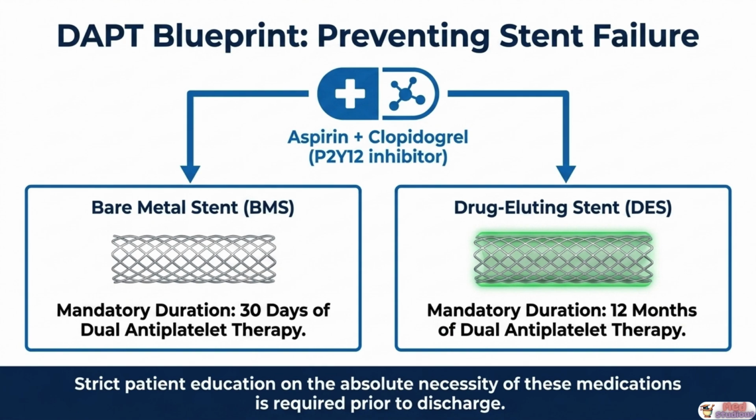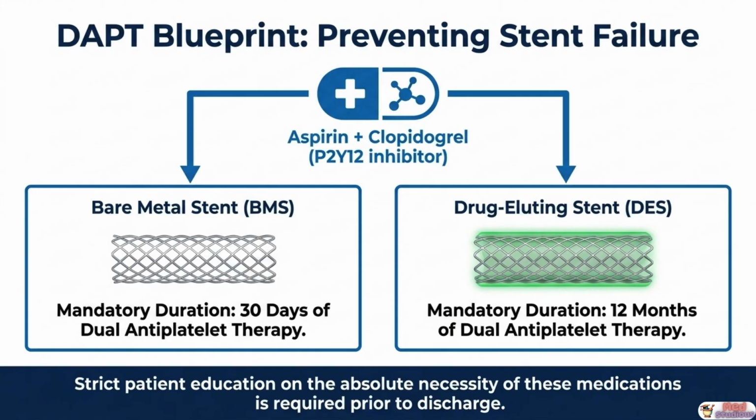The duration of mandatory DAPT therapy is stent-type specific. For a bare metal stent, a plain metallic scaffold with no drug coating, DAPT must be maintained for a minimum of 30 days. Bare metal stents undergo endothelialization, the process of native endothelial cells growing over the metal struts, relatively quickly, reducing the thrombogenic surface exposure to approximately 1 month.